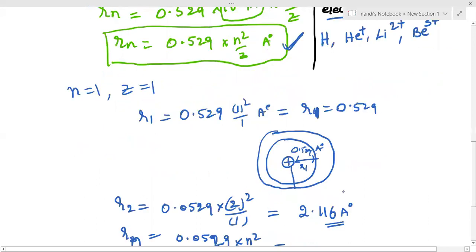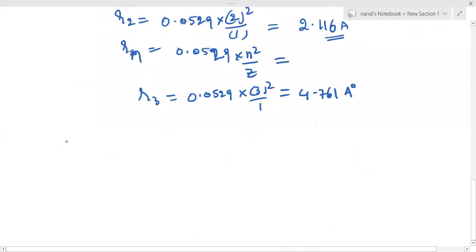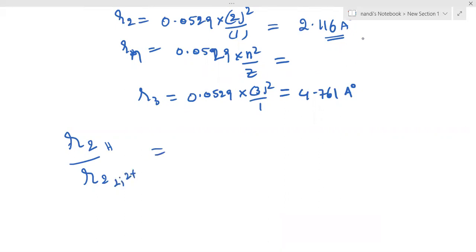Okay, we can calculate the R2 ratio: the above one is hydrogen, the below one is Li2+. Can you try it? Anjay, what value are you able to see on the board, on the screen?